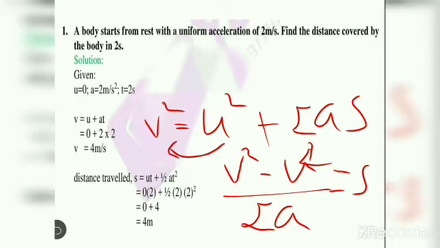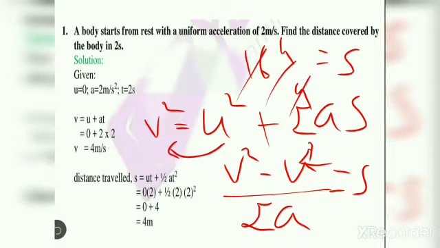V square is 4 square, which is 16, divided by 2 into 2, the acceleration being 2. 2 into 2 is 4, so 16 divided by 4. What is the distance you get? That is 4.